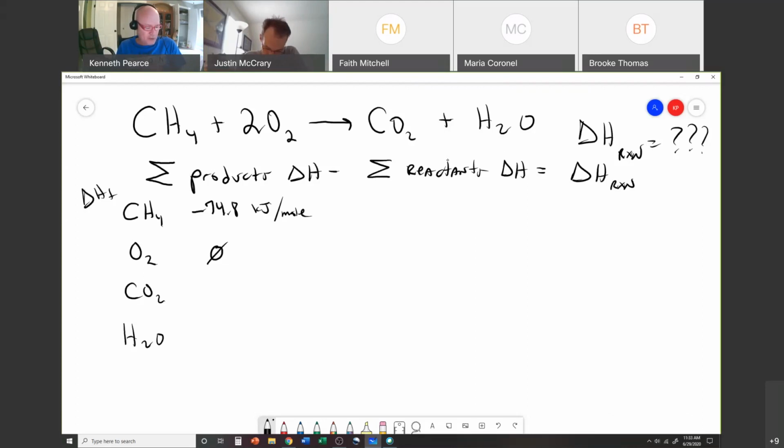This has actually got 2 columns. So carbon dioxide is minus 393.5 kilojoules per mole.